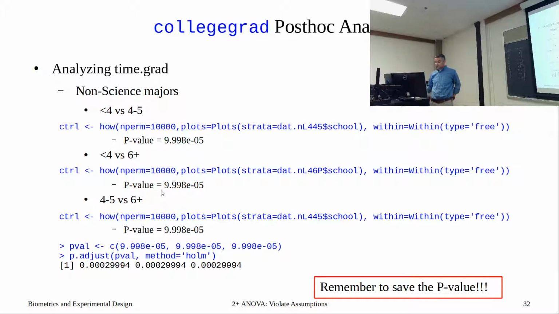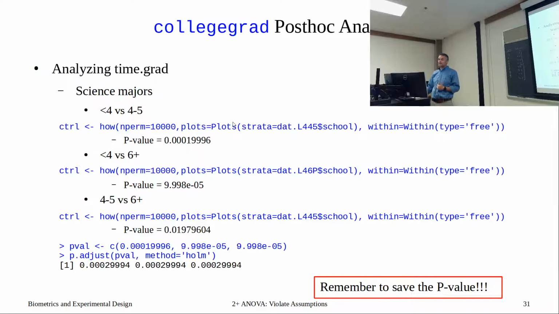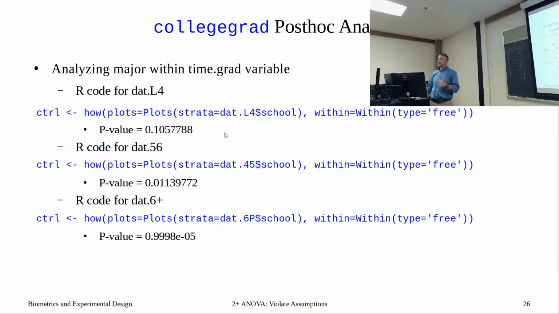For the non-science majors, same thing. Then the next step is to look at time to graduation to see if major has an effect. Again, dat.L4, I get a p-value of 0.1, a p-value of 0.01, and then a really small p-value. For those individuals that graduated in less than 4 complete years, there was no difference between science and non-science major salaries.